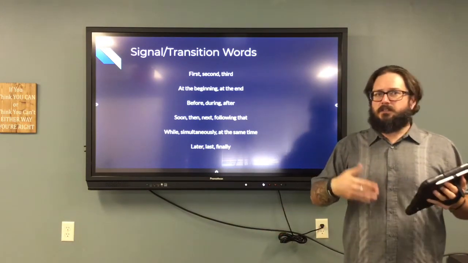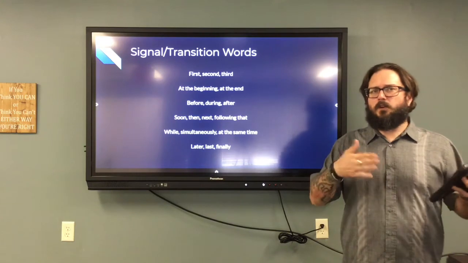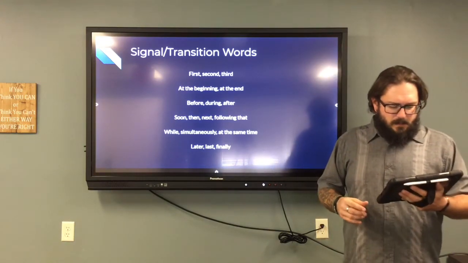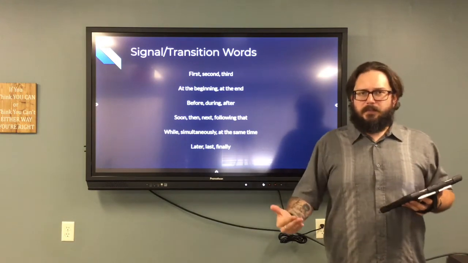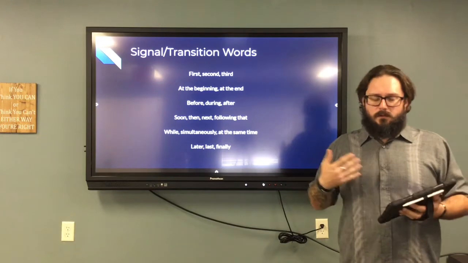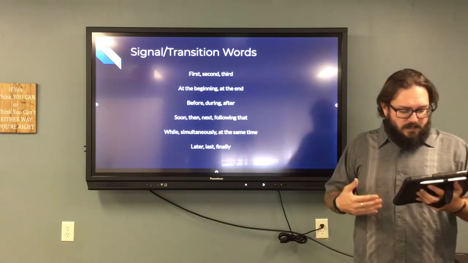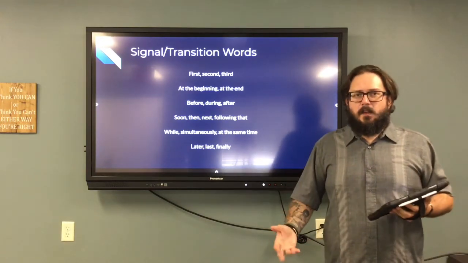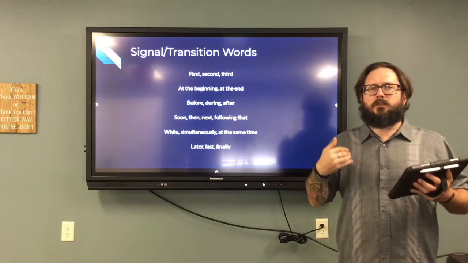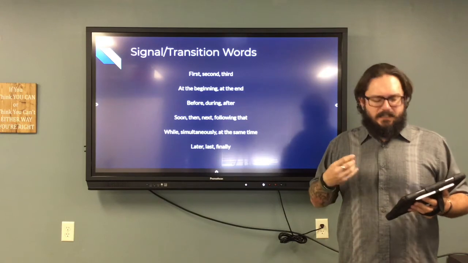That could show us steps in a process or maybe what occurred first and then second and third in chronological order. They may use the phrase at the beginning, and at the end, they could say before, during, after, soon, then, next, following that. All of these words clue us in that what the author is describing is a sequence.